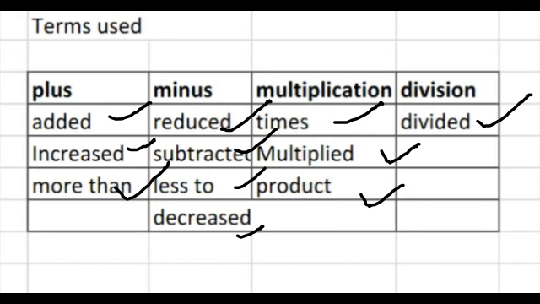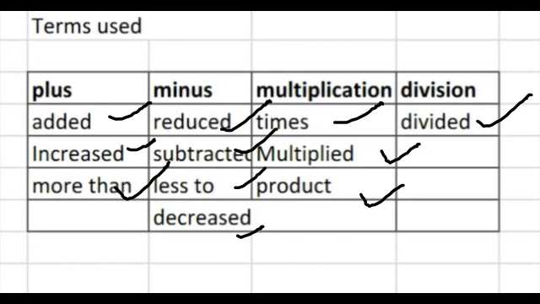Same way for the symbol minus, we can use reduced, decreased, subtracted, less to or less by. For multiplication, times, product, multiplied are used. And for division, divided alone we can use.